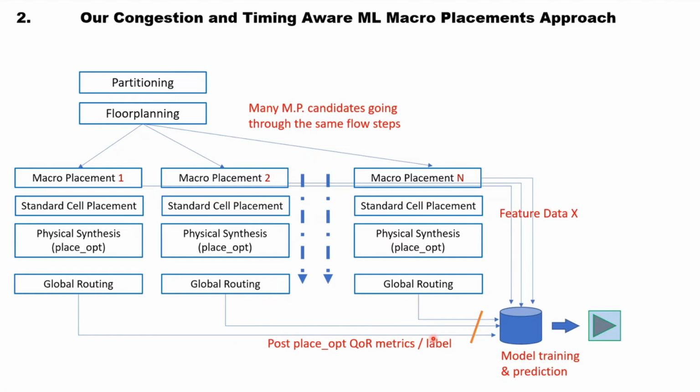The timing and congestion values correspond to machine learning labels. Each macro placement corresponds to one machine learning data point consisting of features and labels. After collecting the data, we apply machine learning to train the model to predict congestion and timing based on the macro placement result.